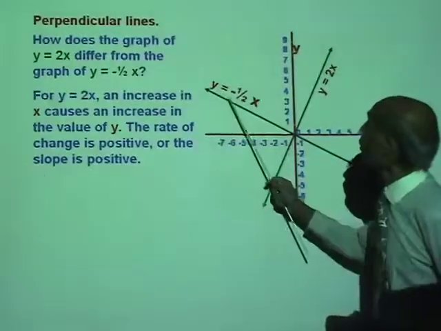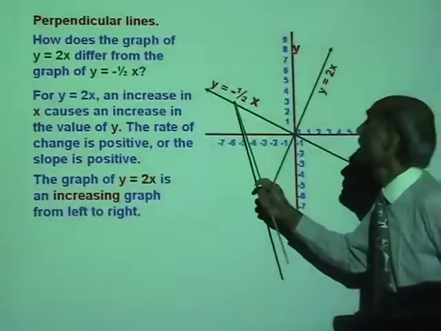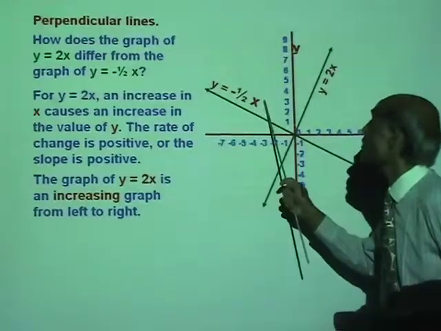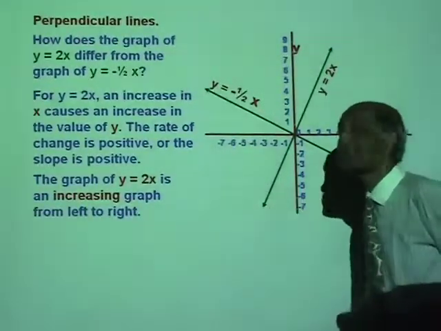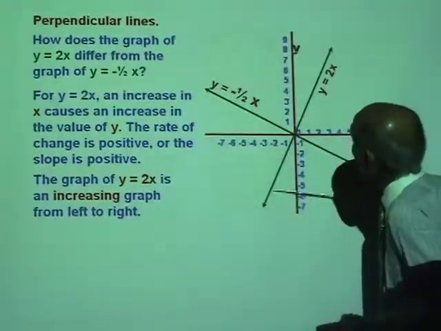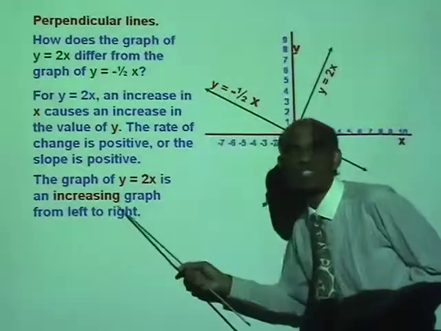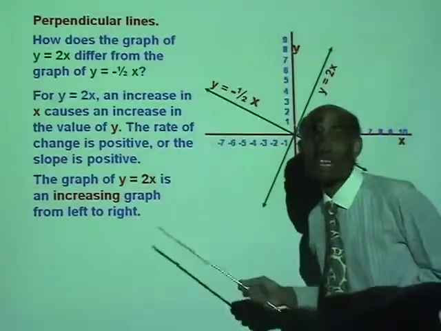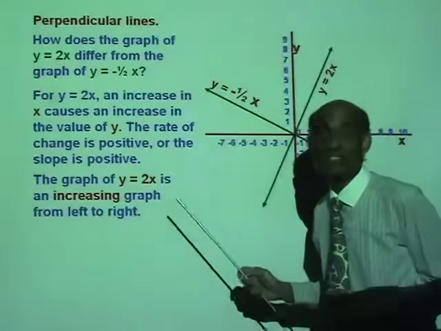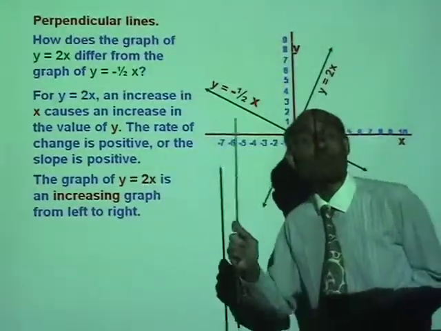Whereas, for y equal to negative 1/2 x, an increase in x will result in a decrease in y. So y equal to 2x is called an increasing graph. What is the characteristic of an increasing graph? For an increasing graph, the slope will be positive.